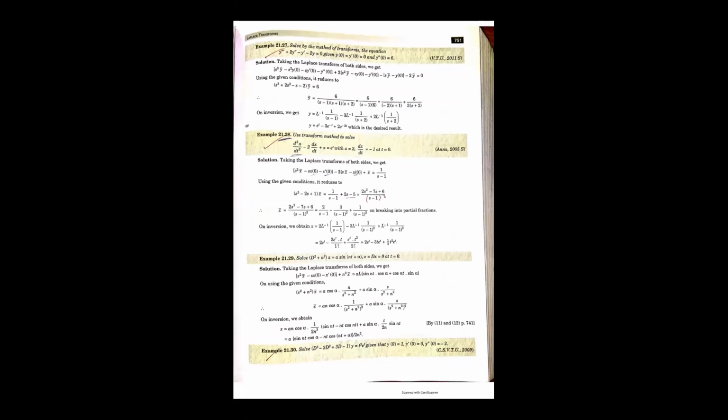First we have to write the working rule. First, apply the Laplace transform on both sides. Apply the Laplace transform to the given differential equation on both sides. Second one, expand the series by applying the derivative of the Laplace transform.